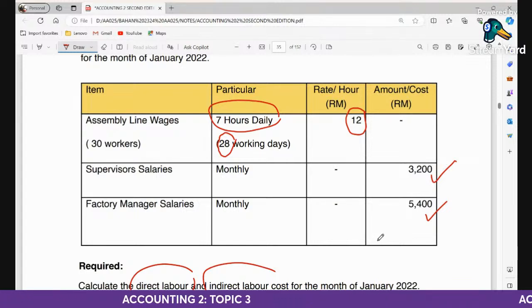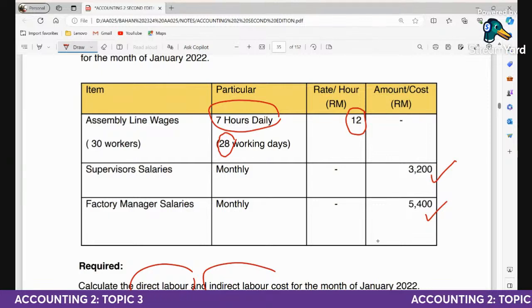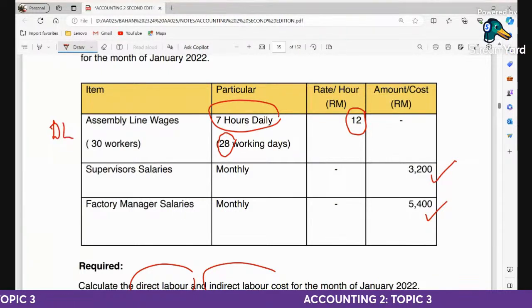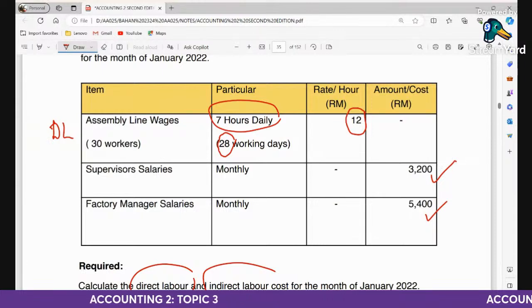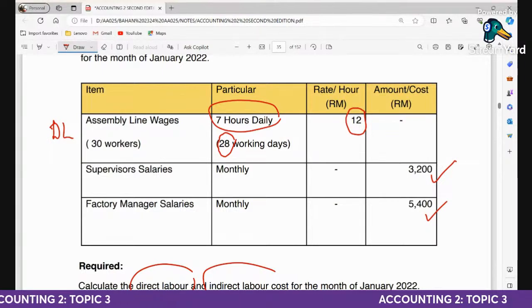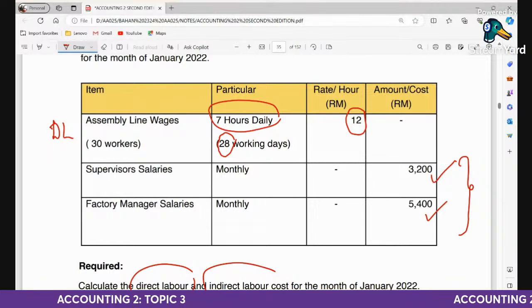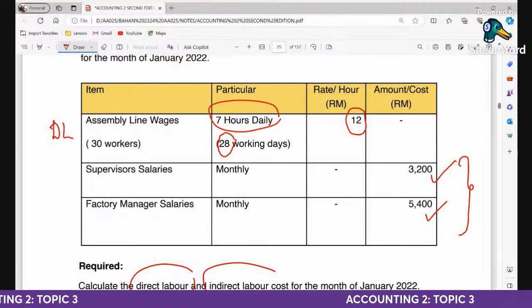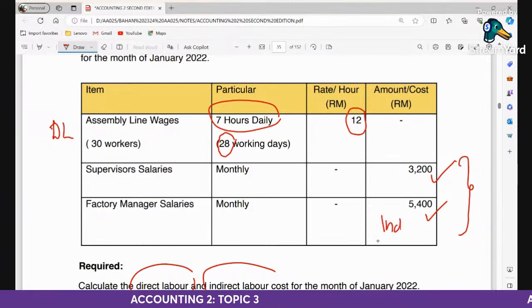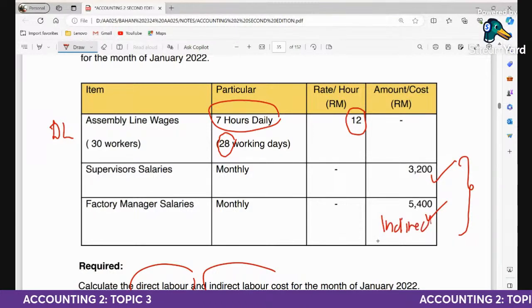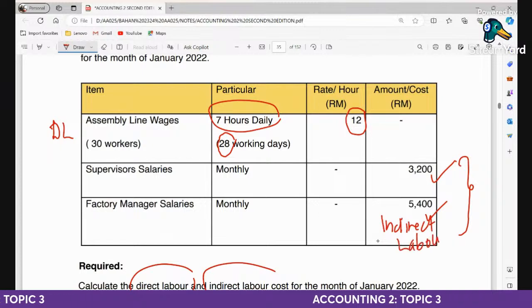As you can see in the question itself, the first one is my direct labor. So bila saya nak kira cost untuk direct labor, saya akan ambil from the rate given to the assembly line wages. Whereas supervisor dengan factory manager salaries ni, mereka ni bekerja di dalam kilang, tapi mereka tidak terlibat secara langsung dengan production. So this is my indirect labor, so I will calculate that accordingly.